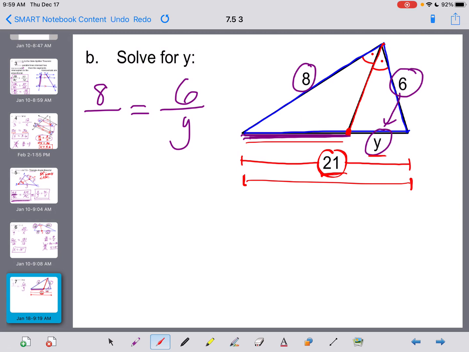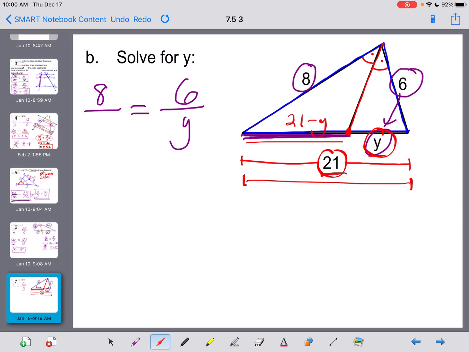But the real issue here is we don't know what this is in terms of a constant. What it is is y. So do what you just did, but instead of with a number like 3 or 10, treat y as a number, which it is. What that means, everybody, is that this piece on the left is the total, which is 21, minus the piece that we were given, which is y.